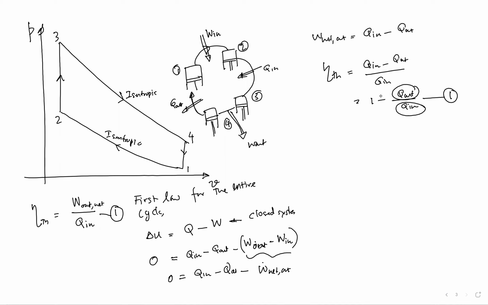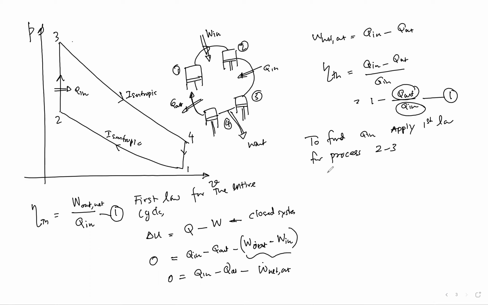Now to find Q out and Q in, first I can find Q in. To find Q in, I apply the first law for process 2 to 3. That's where Q in takes place. Right? This is Q in.